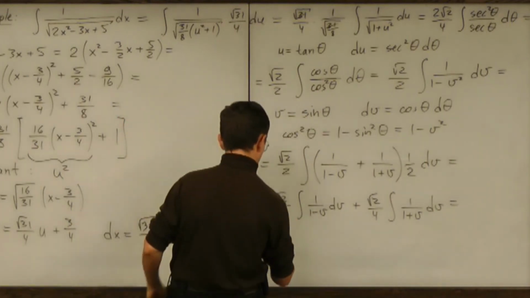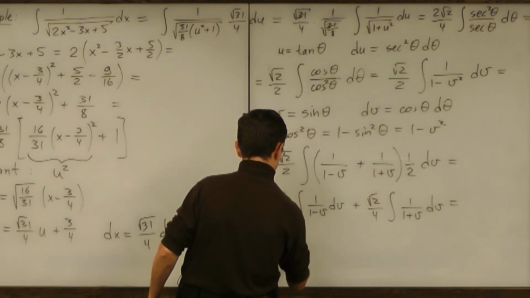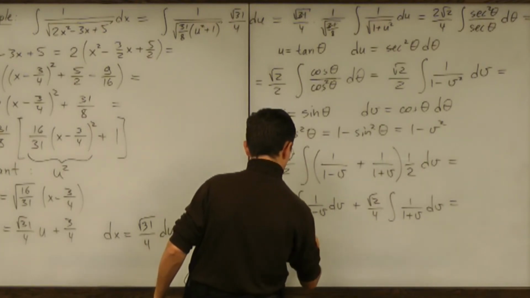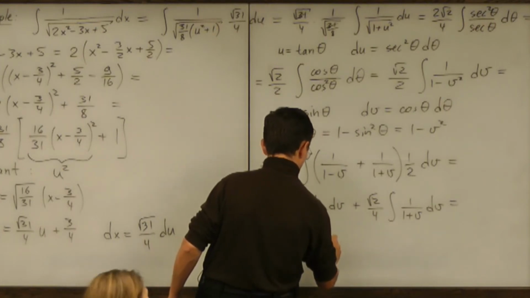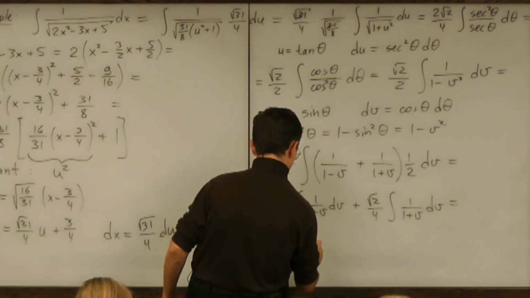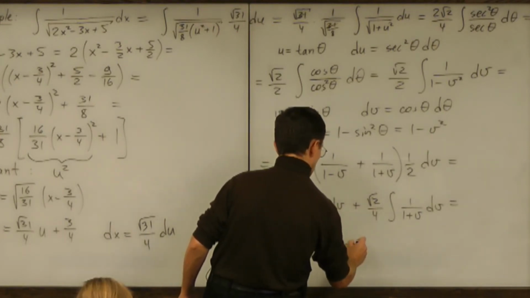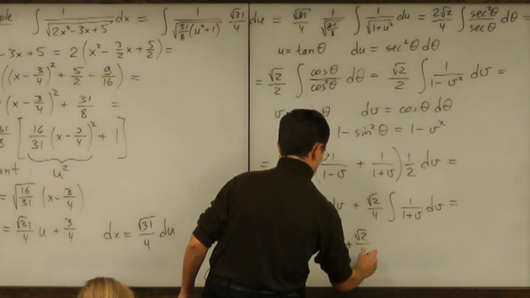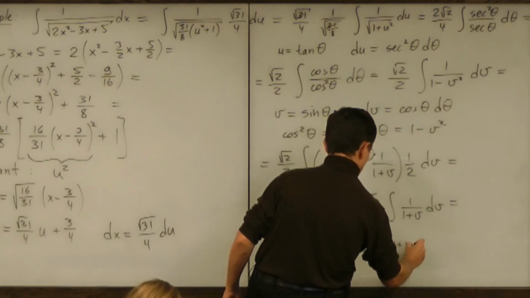Logarithmic function is the antiderivative. So I have square root of 2 over 4 natural log of 1 minus v plus square root of 2 over 4 natural log of 1 plus v.